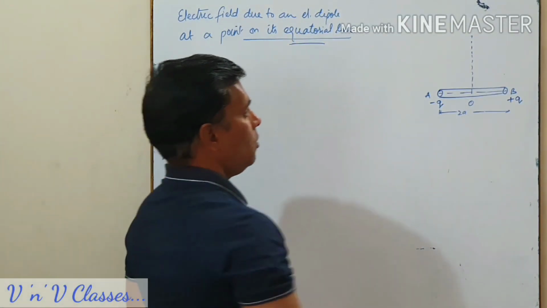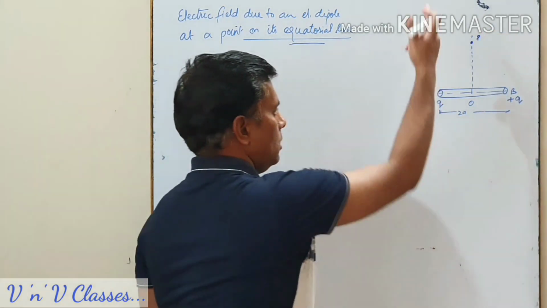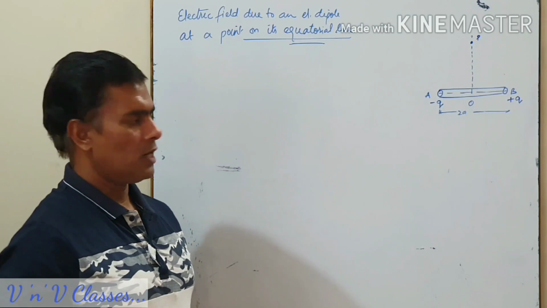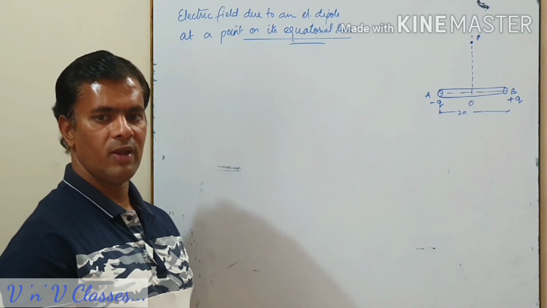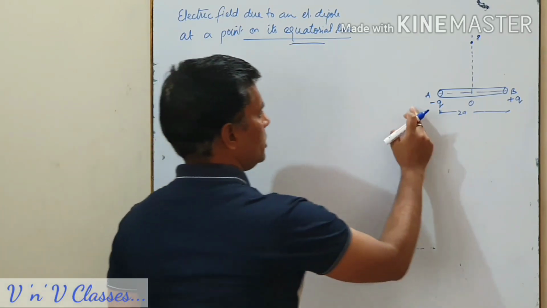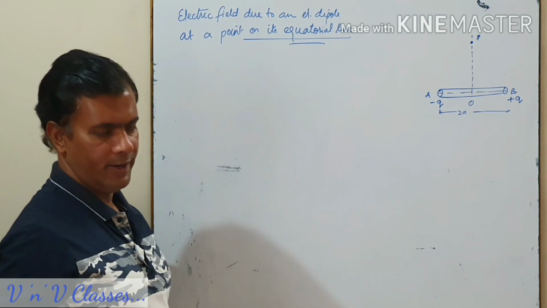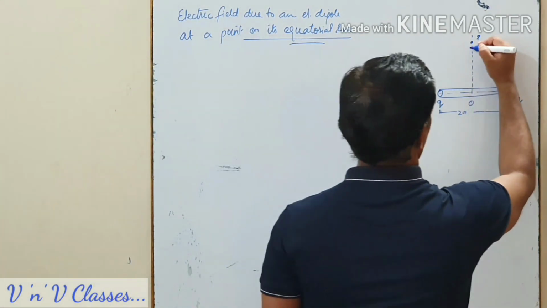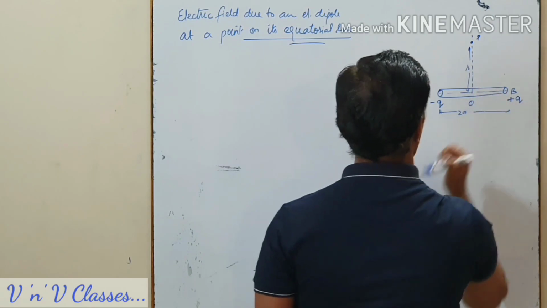If we have any point, say P, on this line, what is the ultimate field intensity due to these two charges of the dipole at point P? That we have to identify. Let the distance of point P from O be r.